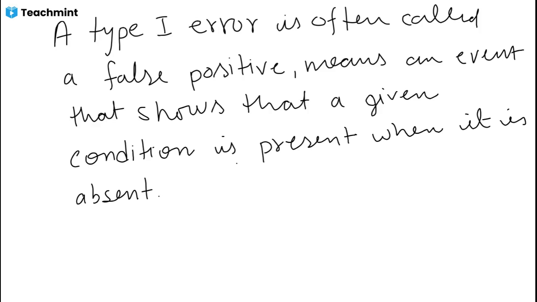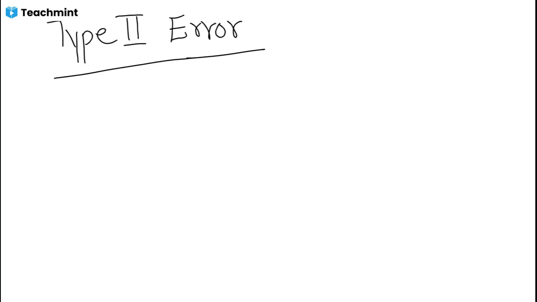Now, ma'am, type 2. A type 2 error appears when the null hypothesis is false, but mistakenly fails to be refused or rejected. This is also known as a false negative.